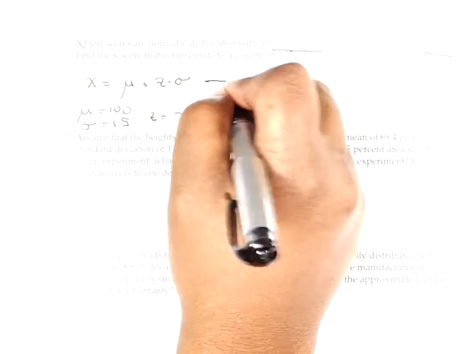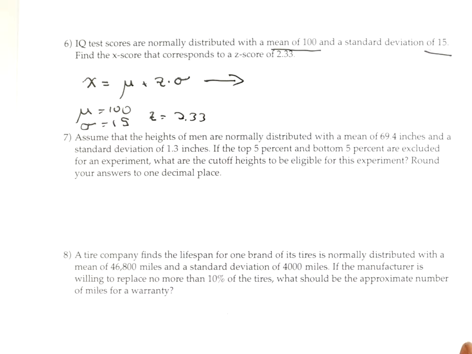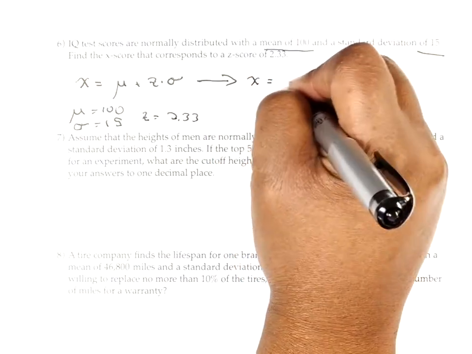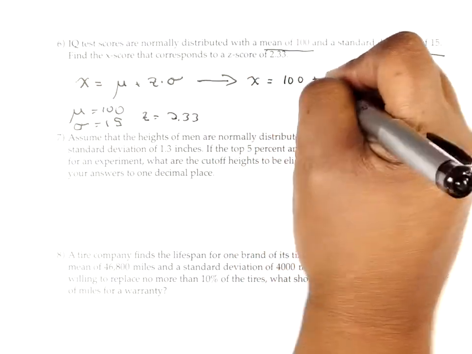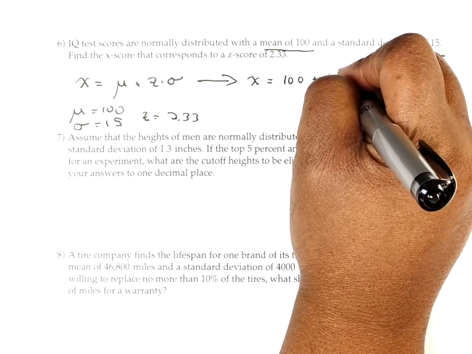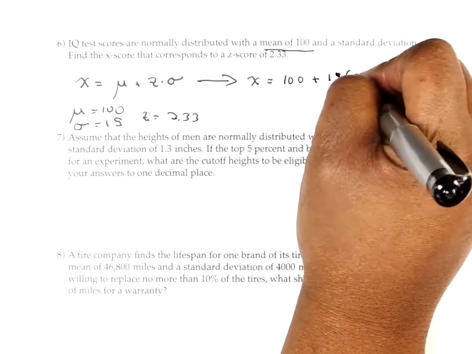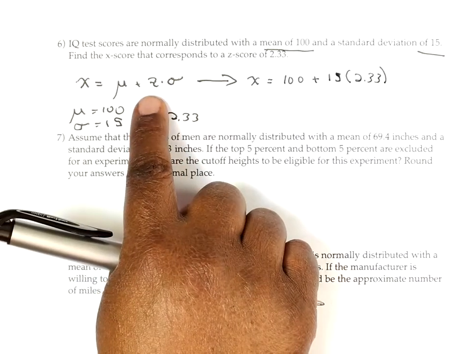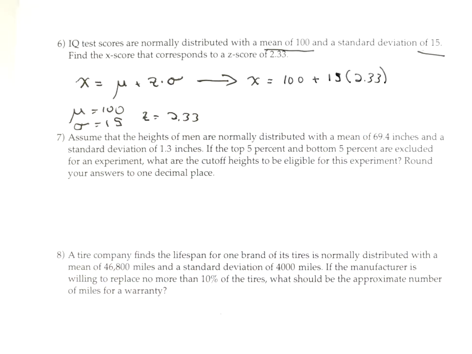So I'm just going to rewrite this formula and plug in the pieces that we need. So X is equal to 100 plus 15 times 2.33. Oh, I wrote it backwards from that, but they're just being multiplied together. Sorry about that.